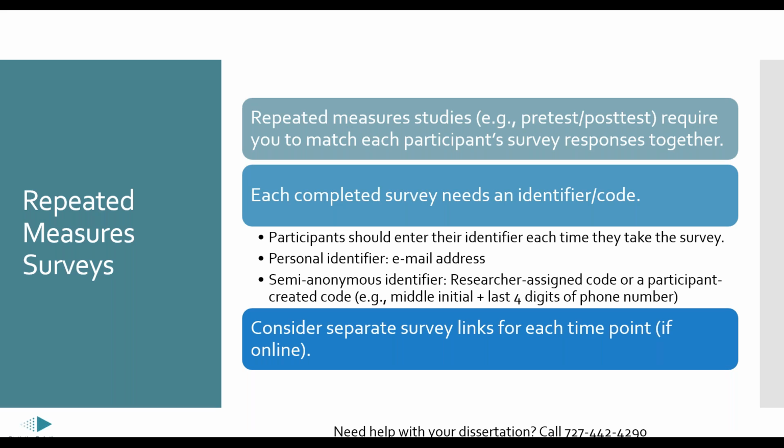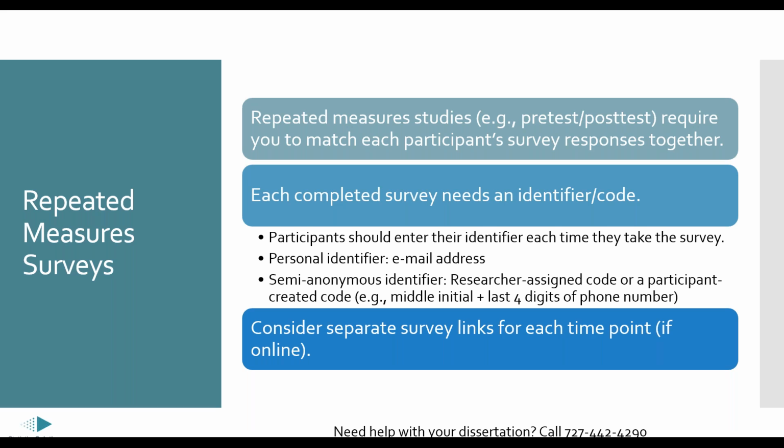And there are a lot of different methods you can use in terms of assigning identifiers to participants. And the method that is best will kind of depend on your specific data collection requirements and if you're required to collect the data anonymously, or if you are permitted to collect any personally identifying information in order to match the surveys together.